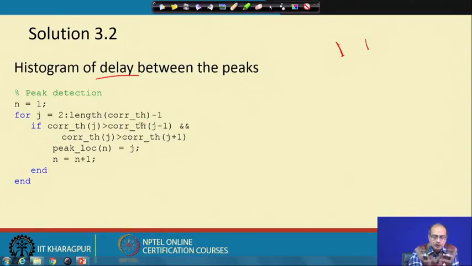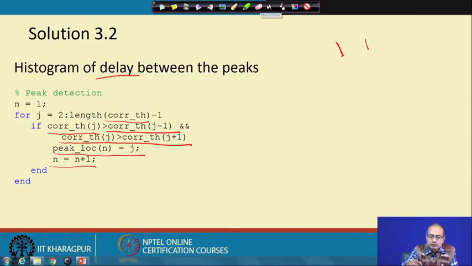So, for that we go through that thresholded correlation, and we check whether at location j, the value is higher than the previous sample and it is higher than the next sample, then we can tell that a peak has come, and we store that peak location. Okay. And we increment the count of how many peaks have been found.